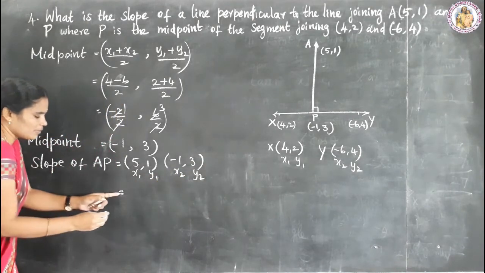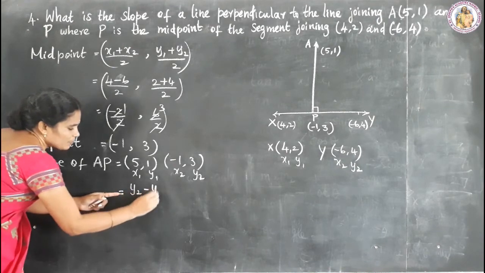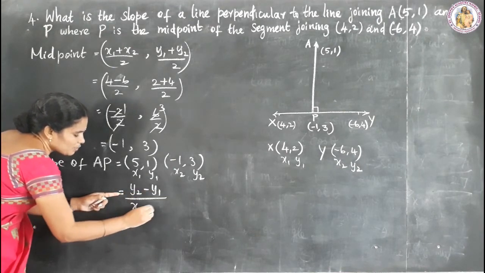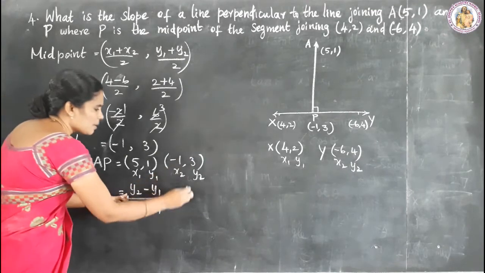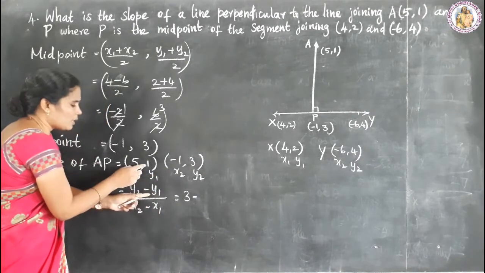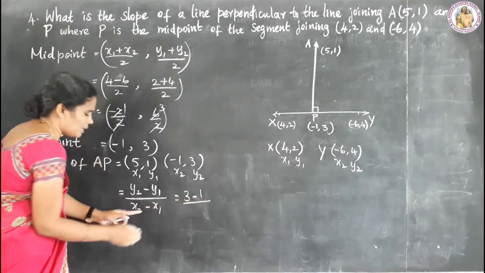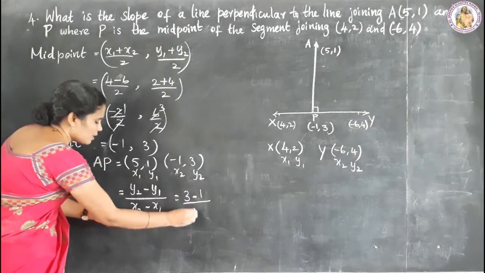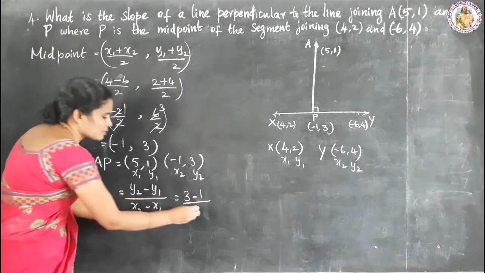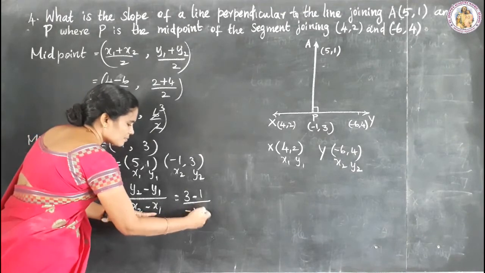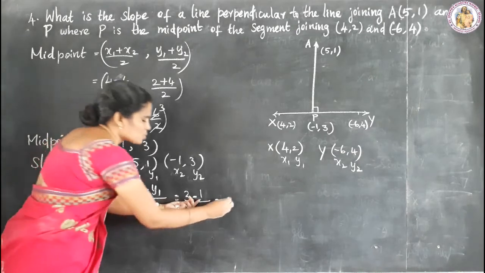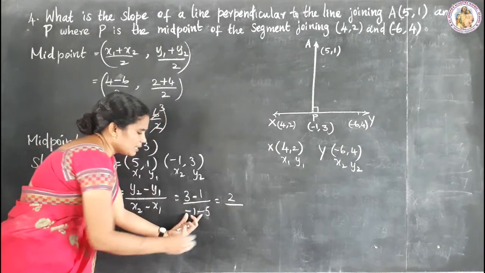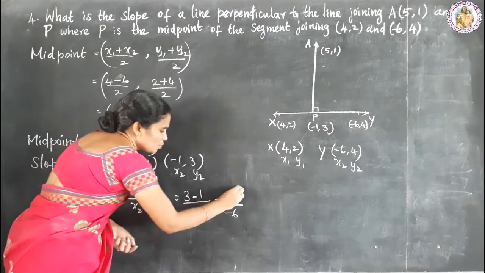So slope is equal to y2 minus y1 divided by x2 minus x1, which is 3 minus 1 divided by x2, which is minus 1, minus x1, which is 5. So 3 minus 1 is 2 divided by minus 6, so 2 ones are 2 and 2 threes are 6.